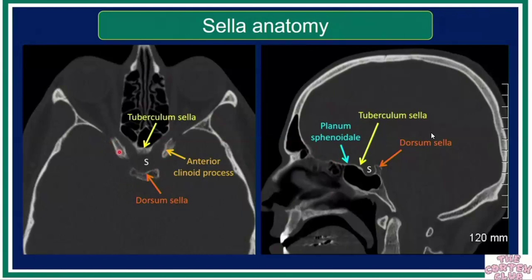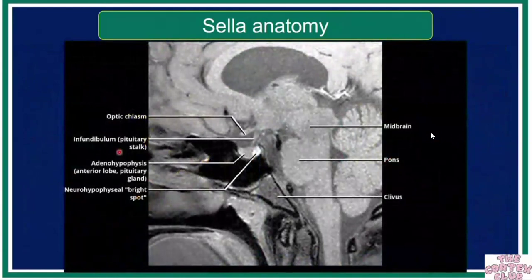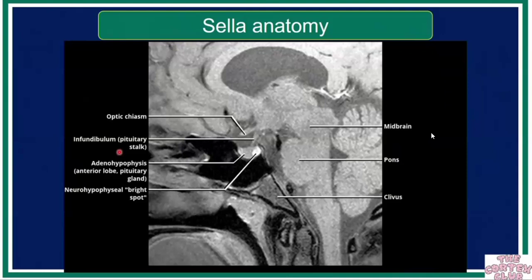We see many more structures and relationships when we look at MR, which is the main imaging workhorse for the sella. When we image the sella, we use dynamic imaging, which I'm going to talk about, but we don't use a lot of fancy imaging. It's just focused images of the sella, and all we need is a pre and post contrast T1 weighted image. The T1 weighted image distinguishes between the different parts of the sella, and then we do post contrast imaging.